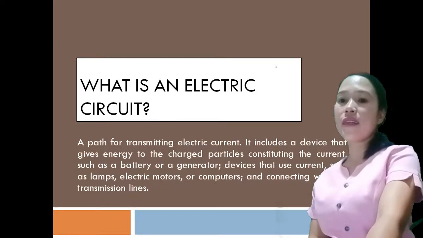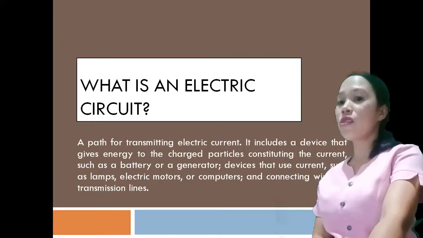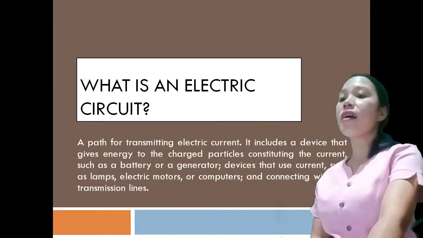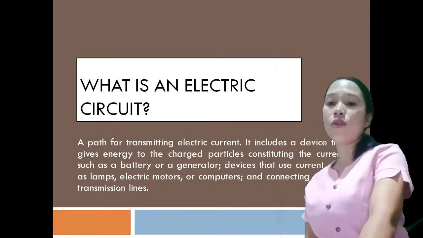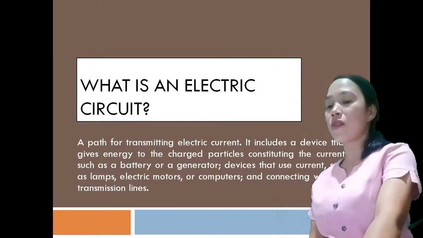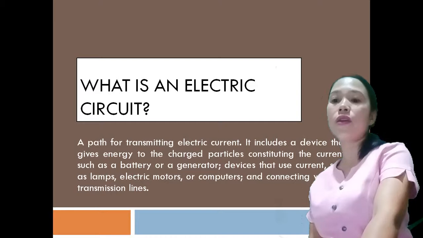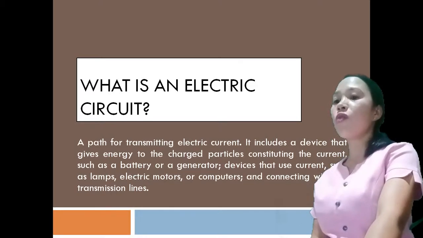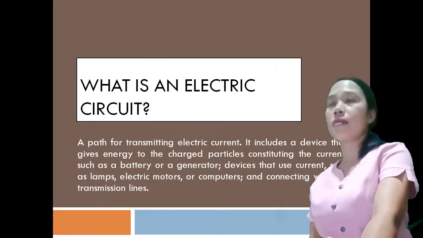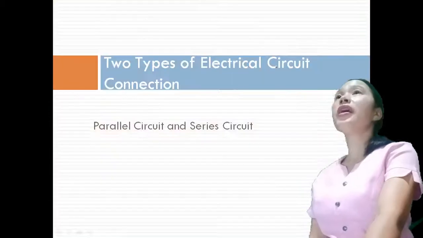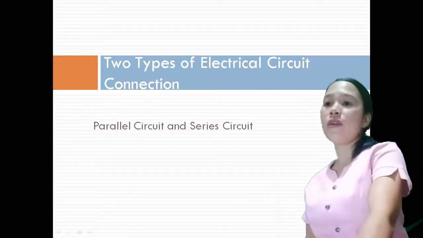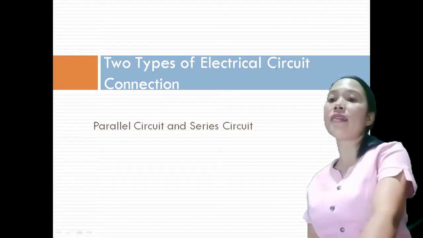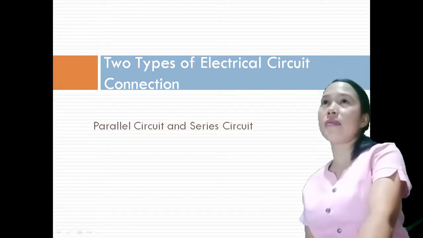It includes a device that gives energy to the charged particles constituting the current, such as a battery or a generator, devices that use current, such as lamps, electric motors, or computers, and connecting wires or transmission lines. We have two types of electrical circuit connection: the parallel circuit and the series circuit.